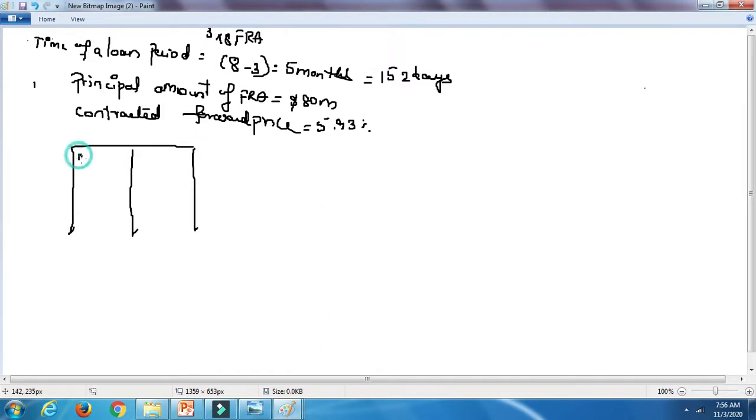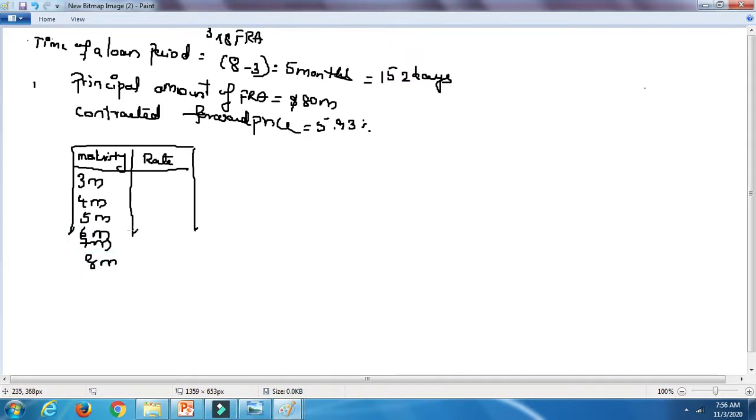Maturity is 3 months, 4 months, 5 months, 6 months, 7 months and 8 months.